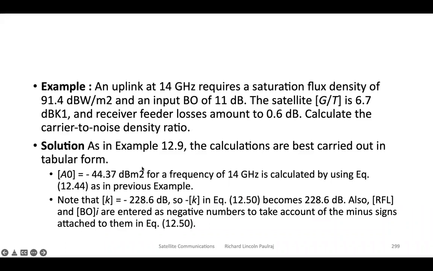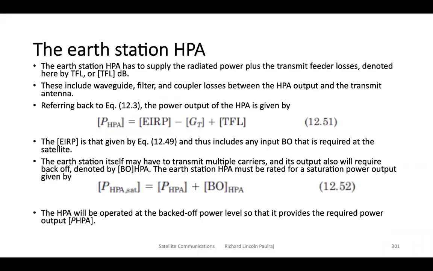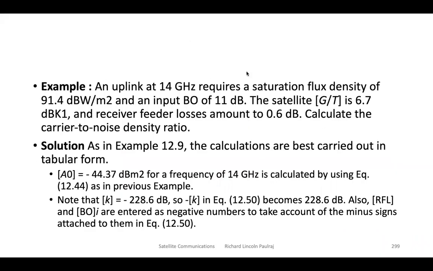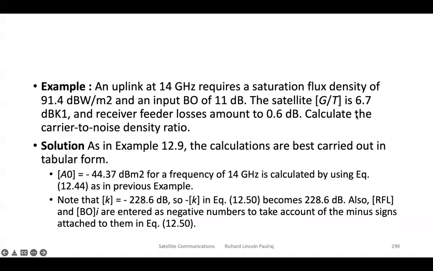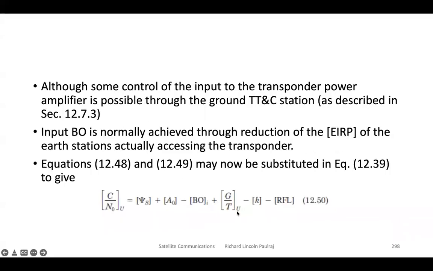Let's see this example. The uplink is about 14 gigahertz and it requires a saturation flux density of 91, and an input back off of about 11 dB. So directly you can just substitute this 11 where it says back off here. The satellite G by T is about 6.7, so that number comes in here.